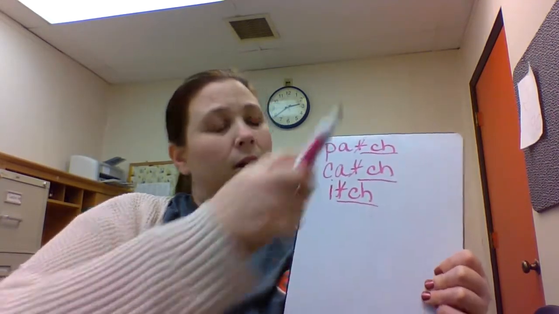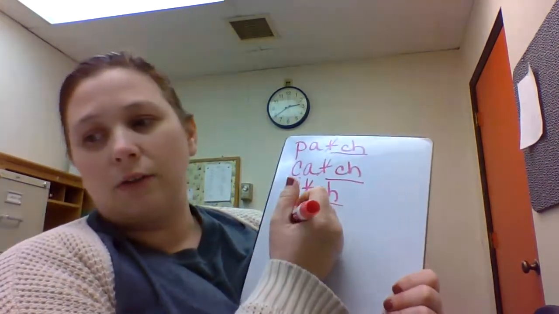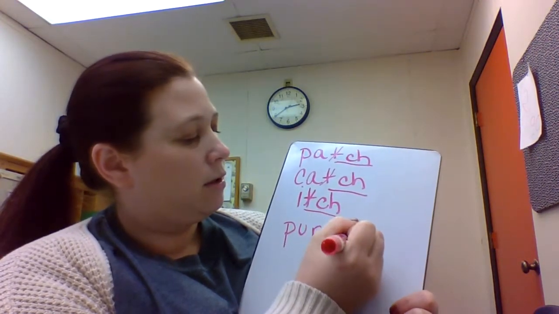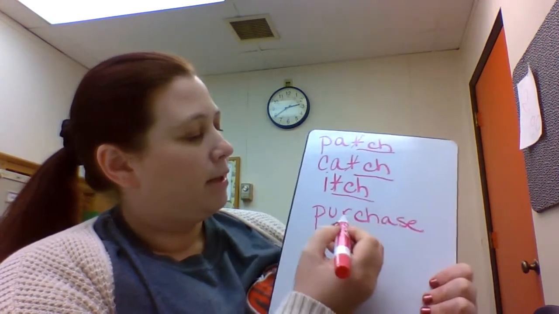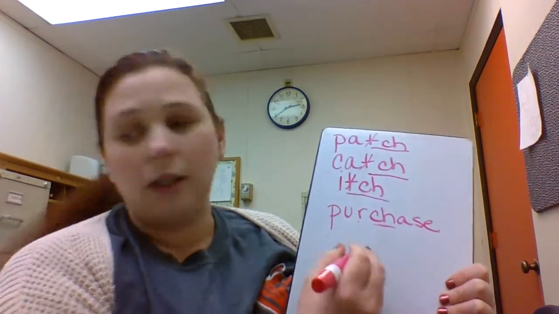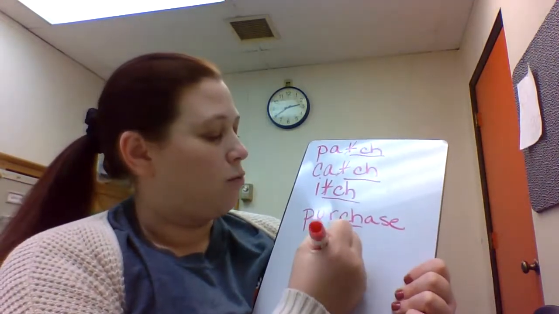But sometimes CH comes at the end of a word or in the middle, and we spell it differently. So let's look at this word. We have purchase. Here our CH comes after a consonant. So usually, or let's see, we have couch.